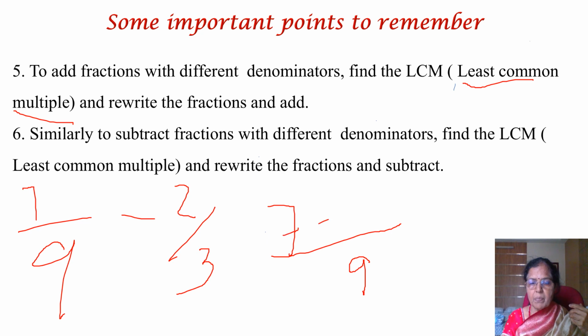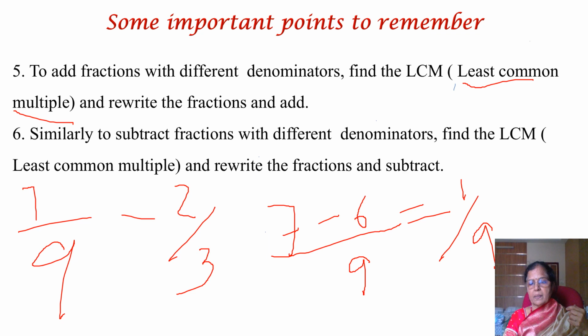Put the same minus sign, and divide 9 by 3. 3 times 3 is 9, so 3 into 2, you have to multiply it by the numerator, 3 into 2 is 6. Now you subtract over the common denominator 9. 7 minus 6 is 1. So the answer is 1 by 9.